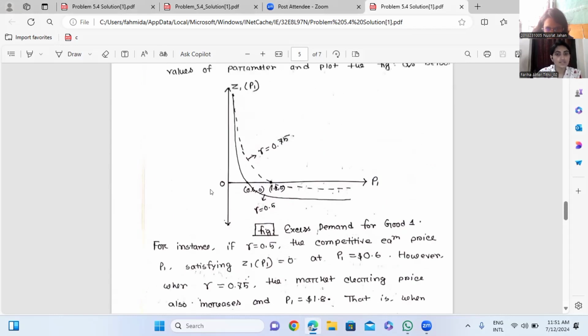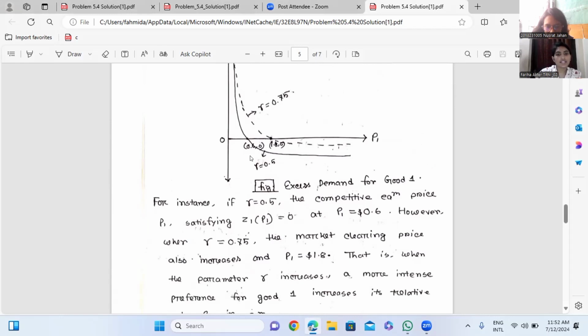Figure. Do you understand the figure? Yeah, I understand the figure. So I take two values of gamma and plot where the market clears. That means for gamma equal to 0.5, when the price is 0.6, then the market of good one clears. That means Z1 is equal to 0, so there is no excess demand of good one. The curve is intersecting the x-axis at this point, 0.6.